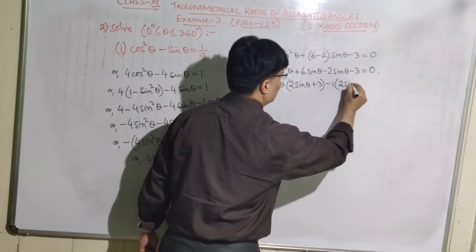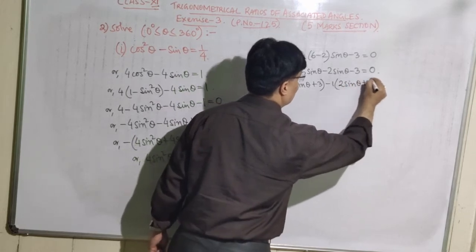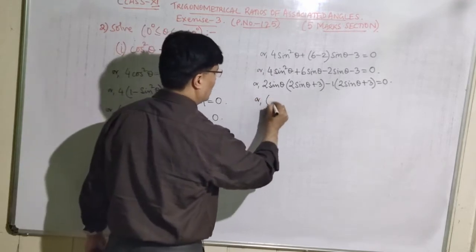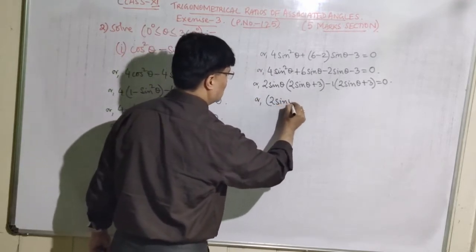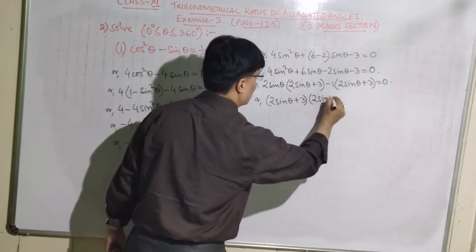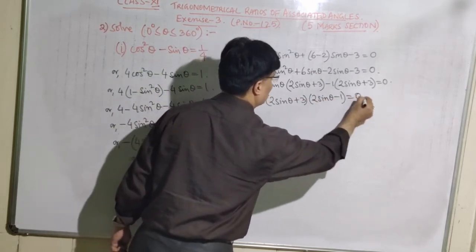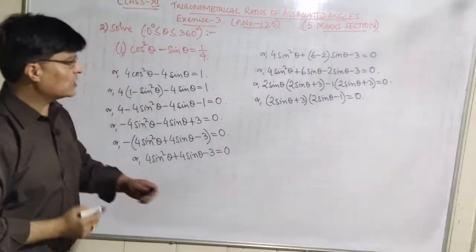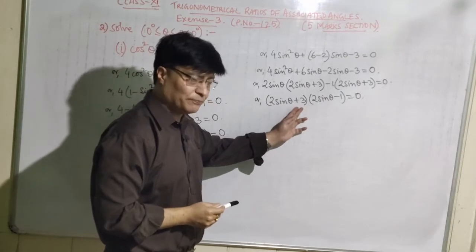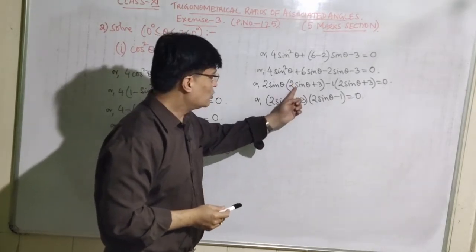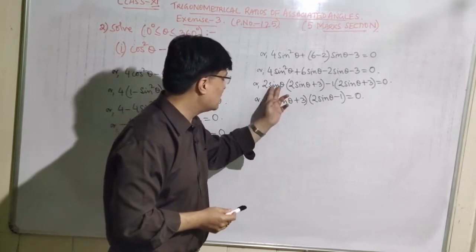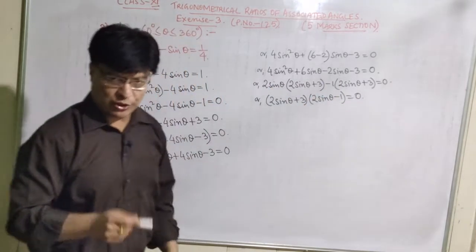So within bracket, it is 2 sin theta plus 3, is equal to 0. Now this is 2 sin theta plus 3 into 2 sin theta minus 1 is equal to 0, because in this case 2 sin theta plus 3 is common. It is taken outside. So within bracket, we write 2 sin theta minus 1, which is equal to 0.